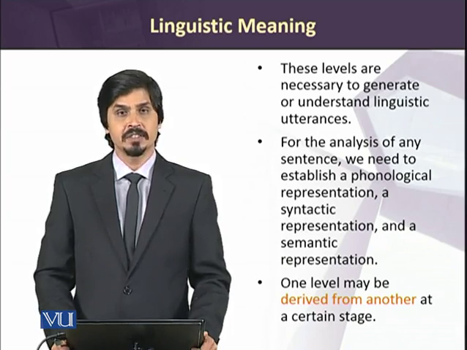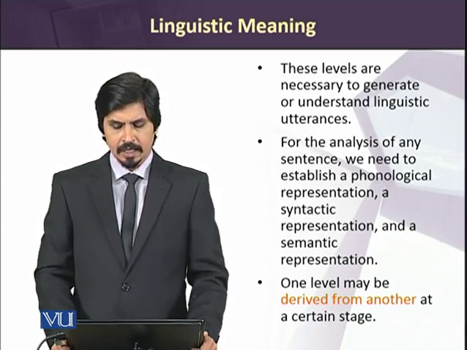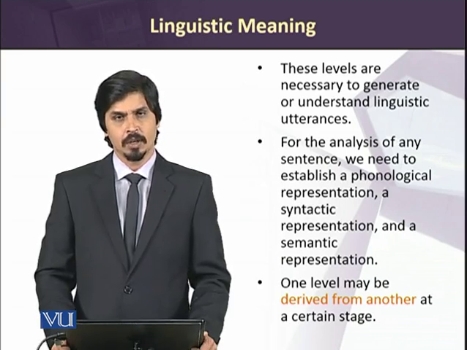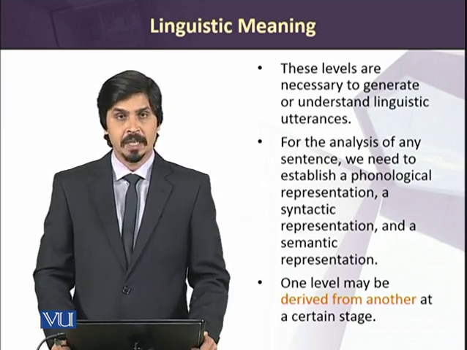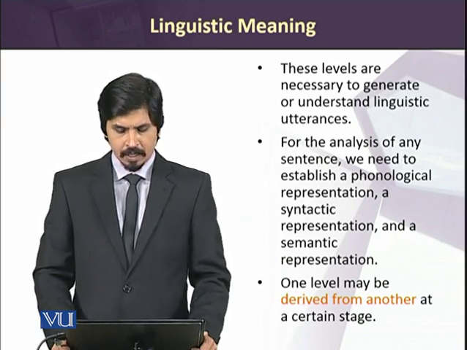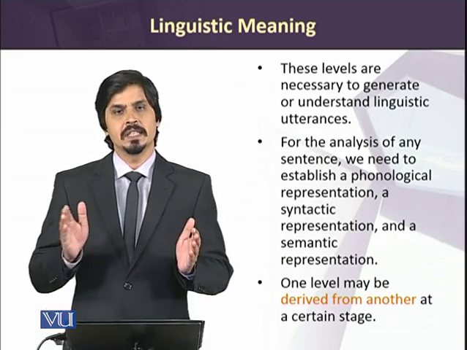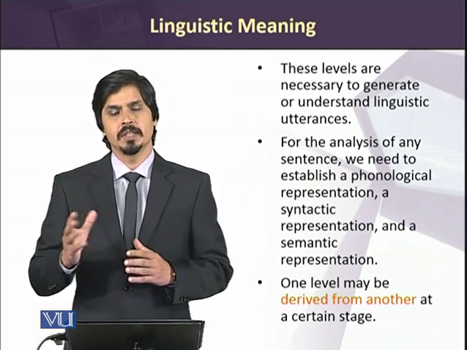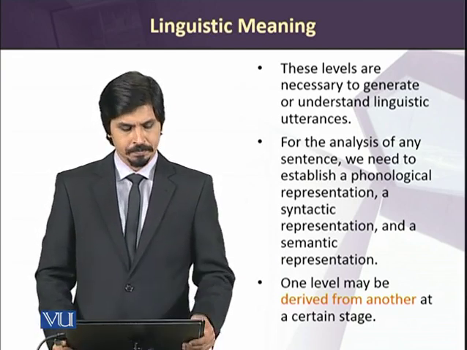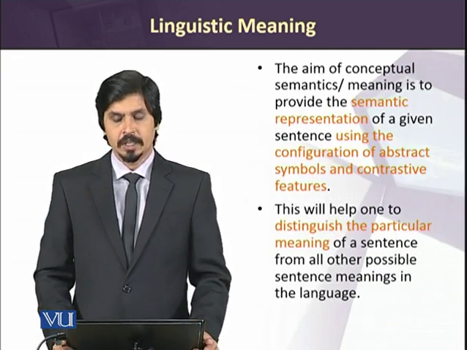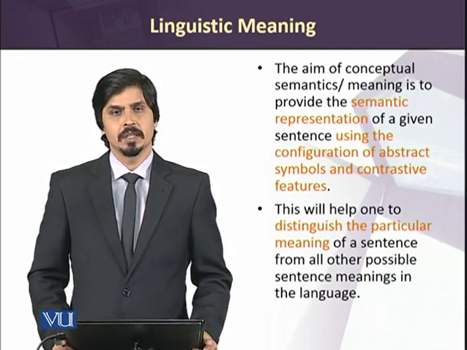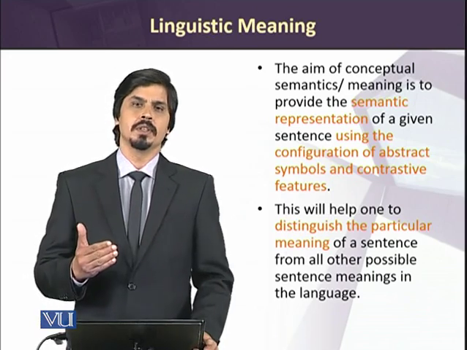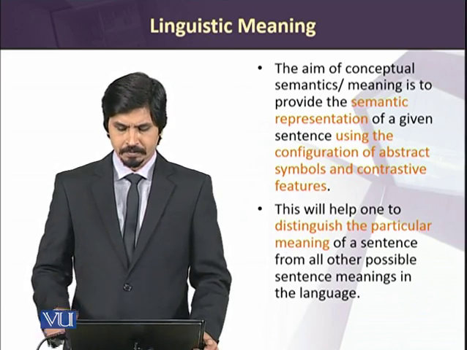For the analysis of any sentence, we need to have a phonological representation, a syntactic representation, and also a semantic representation. One level of language is connected and may be derived from another level. The aim of conceptual meaning here is to provide the semantic representation of a word or sentence.